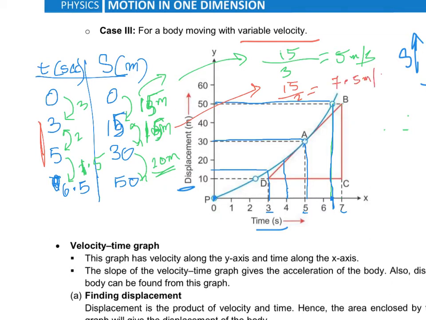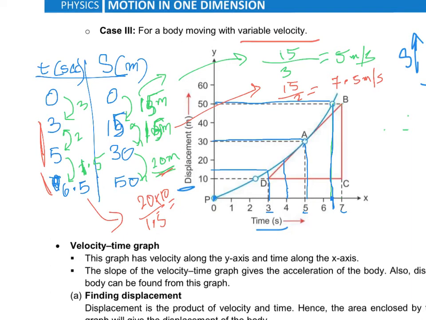That means my velocity is increasing. For the last 1.5 seconds, it is a 20 meter change. So that is 20 by 1.5, which is how much goes up, and we'll get 200 by 15.